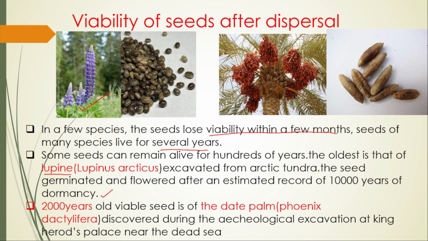How many years of dormancy? 10,000 years of dormancy. Next, a 2,000 years old viable seed is the date palm, Phoenix dactylifera, discovered during the archaeological excavation of King Herod's palace near the Dead Sea. So 2,000 years of viability is for the date palm, and 10,000 years for the lupin.